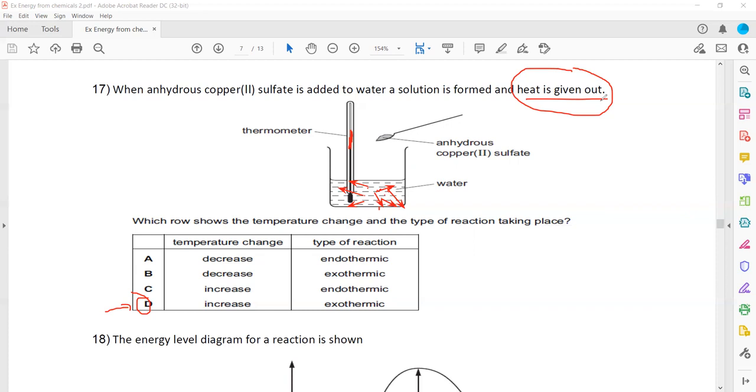Because the reaction is exothermic, it will release the energy, and when it releases the energy, the temperature will increase.